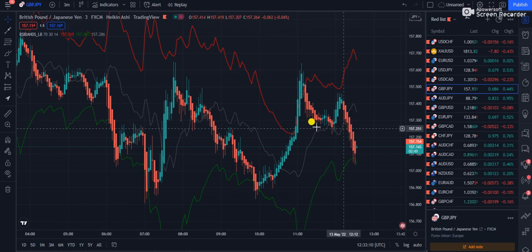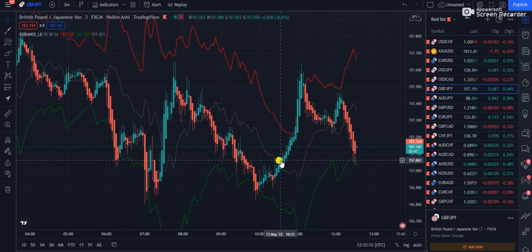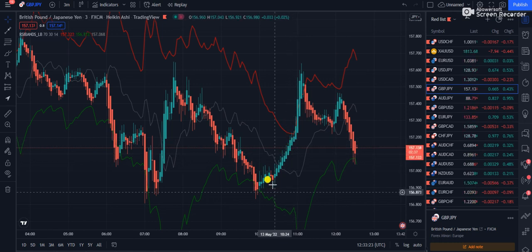Overall, there is a middle line here. If you see the price coming above this line, then you can take a further buy position and set your stop loss just below the middle line, and go for another bullish zone.